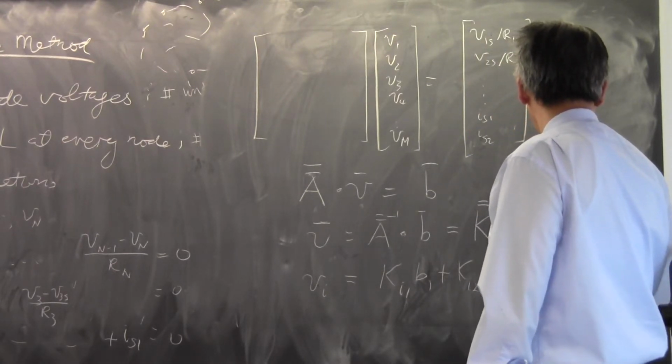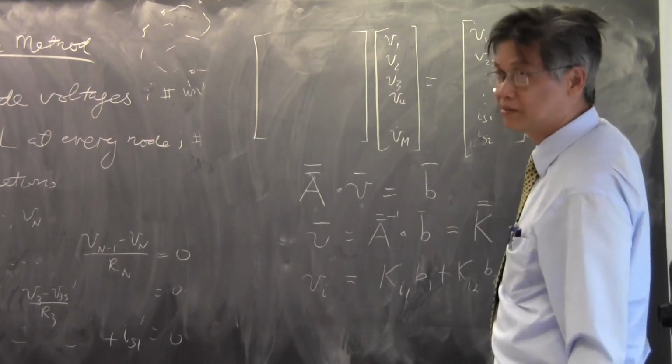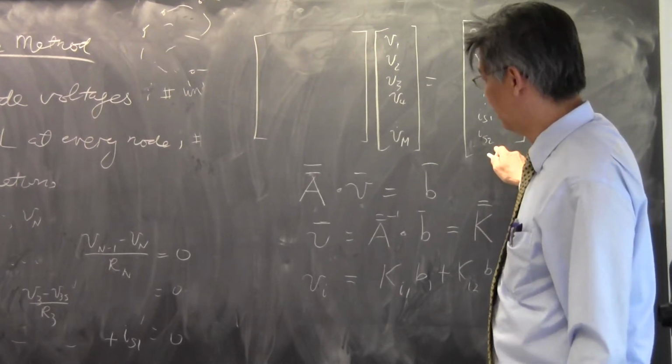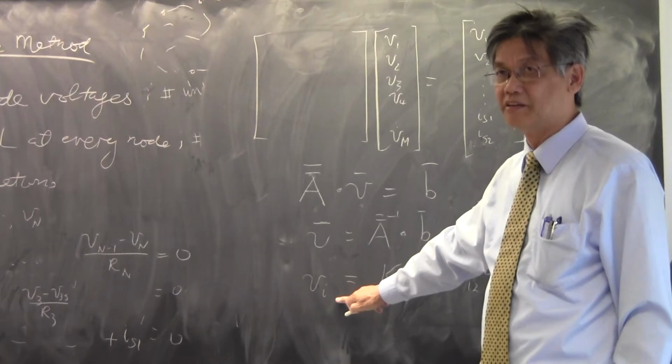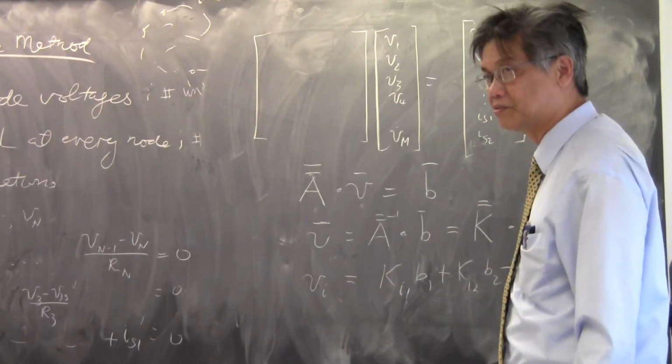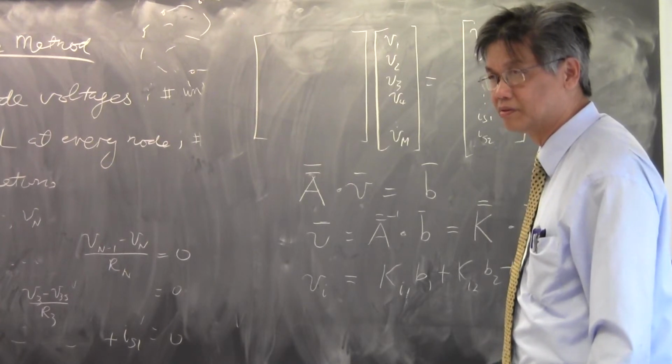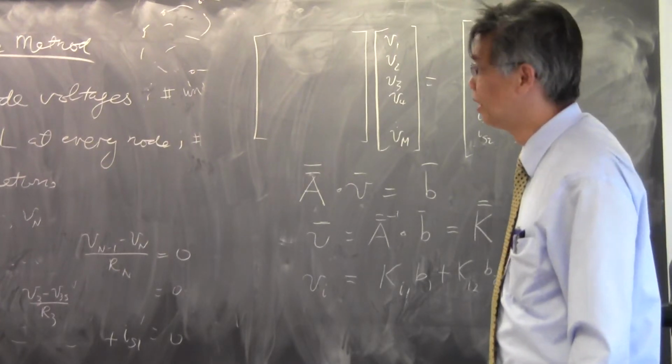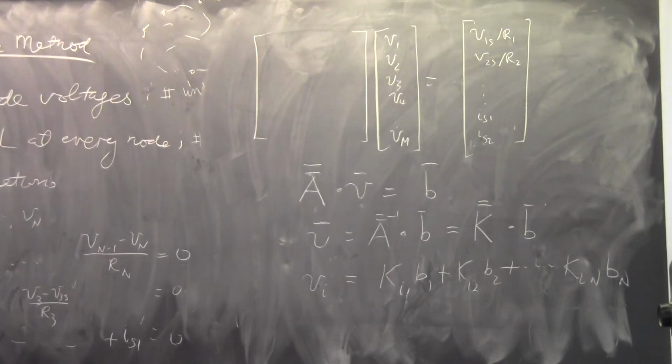Kin Bn. Where the B's are some of these elements over here. You can see that any voltage that you have inside your circuit node is a linear superposition of all the known sources you have in the system. And that proves this statement. Okay, that proves this statement over here.